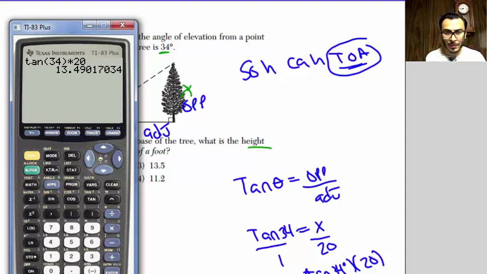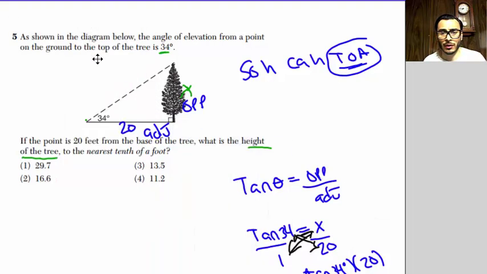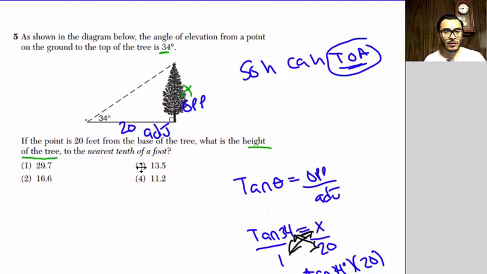And we get approximately 13.5 to the nearest tenth, right? So we just cross multiplied here. X times 1 is x, and then the tan of 34 times 20. And then you could just write tan of 34 times 20 on a calculator. So the answer is choice number 3.